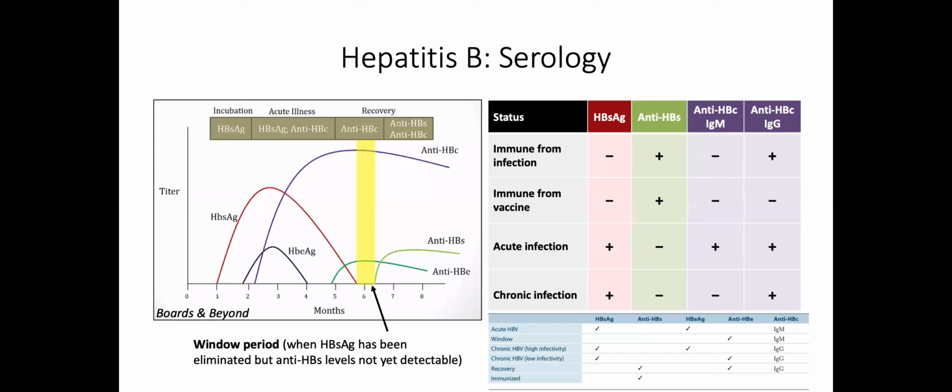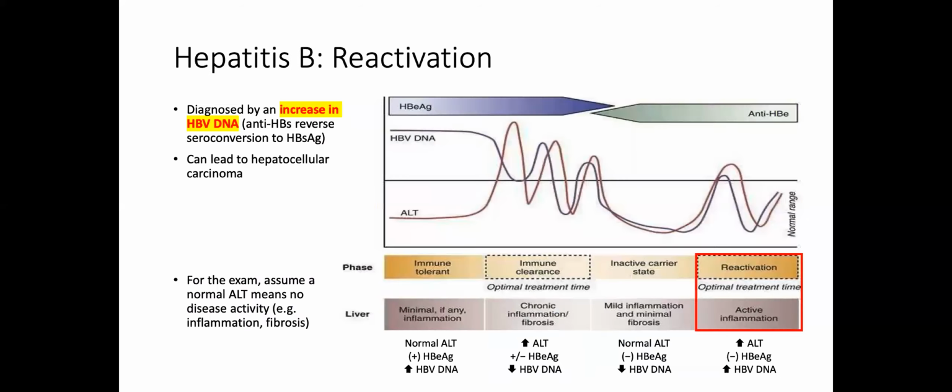And those don't pop positive if you have immunization because you didn't actually have the virus and get better from it. You just had a vaccine. So go over these really well because that will 100% be a question. If you have any questions, please ask.